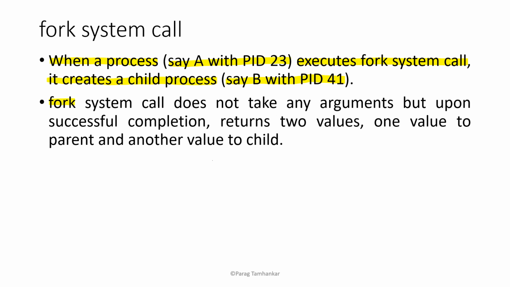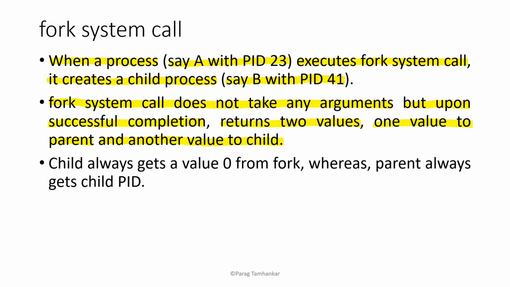Now this fork system call does not take any arguments, but upon successful completion, it returns two values. One value is returned to the parent and another value is returned to the child. So what does fork basically return?